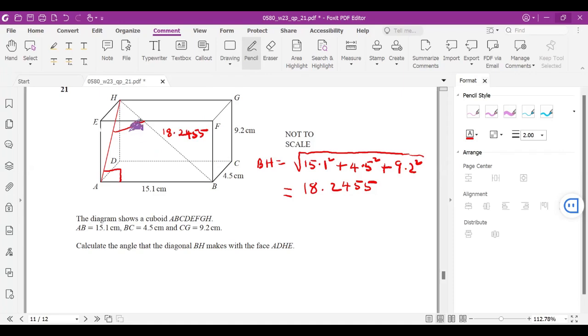So if we call this theta, we can go ahead to find theta using sine. So here we say sine theta, that gives us opposite, which is 15.1, over 18.2455. Gives us 0.8276.